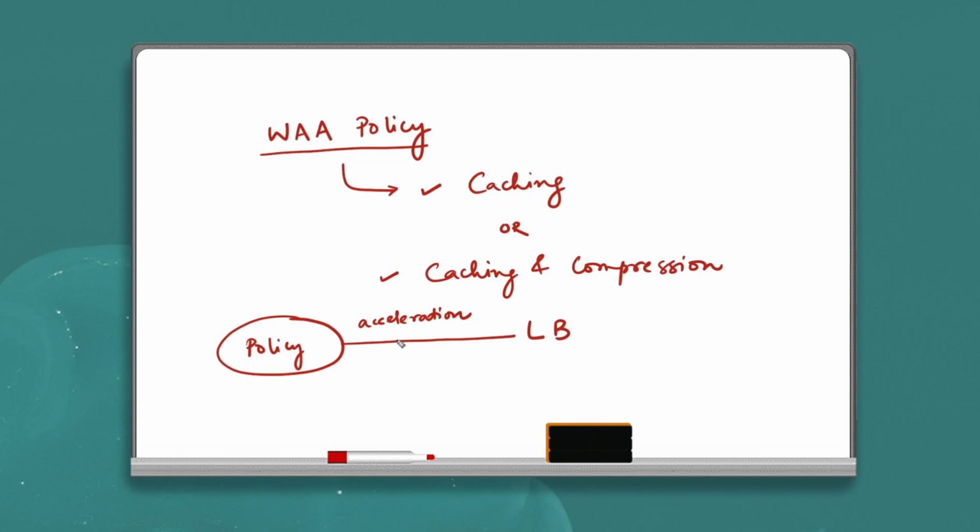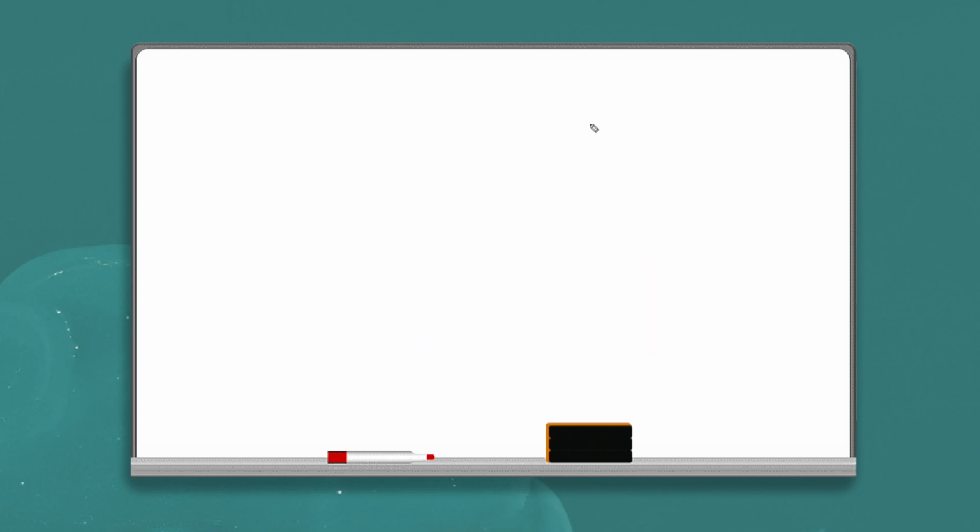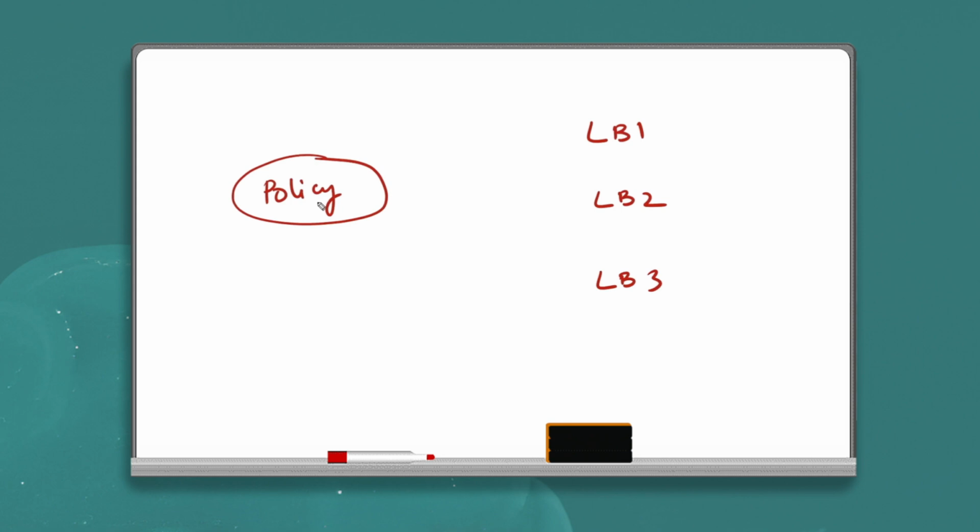Now, one thing to understand here is, let's say you have 3 load balancers and one policy. You can bind the policy to each of these load balancers, provided you create a separate acceleration resource for each load balancer.